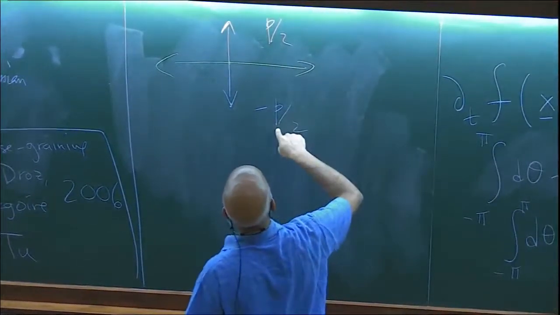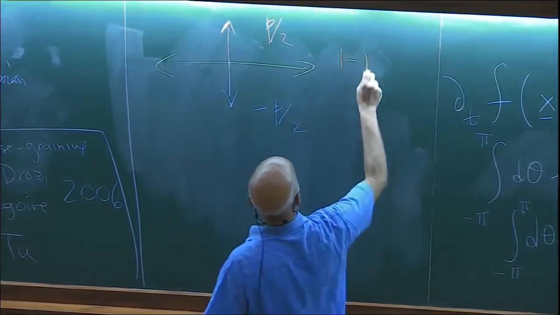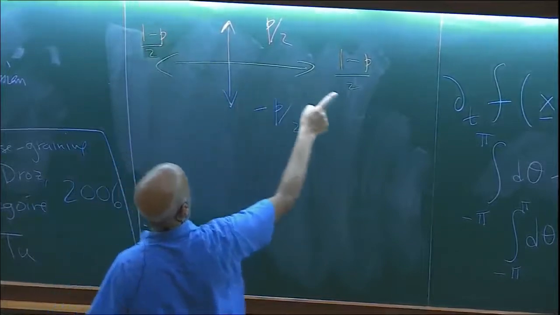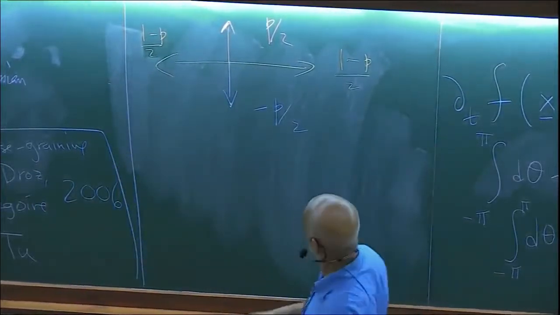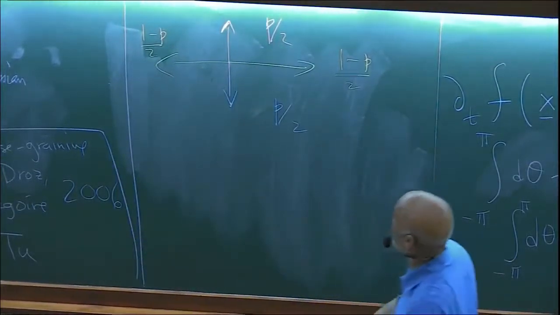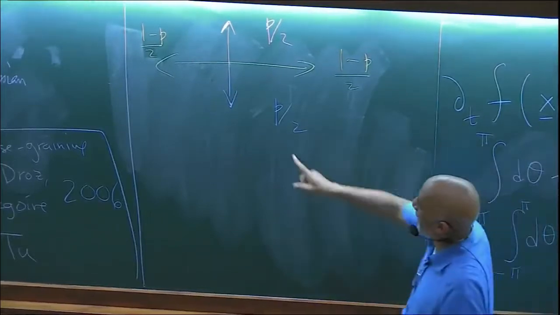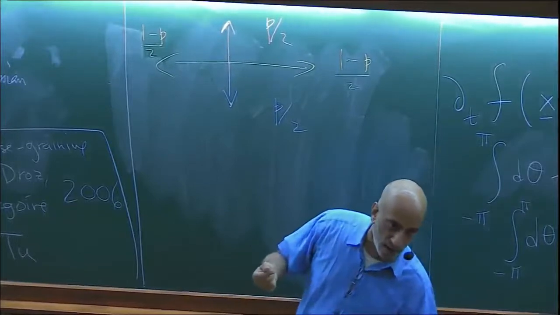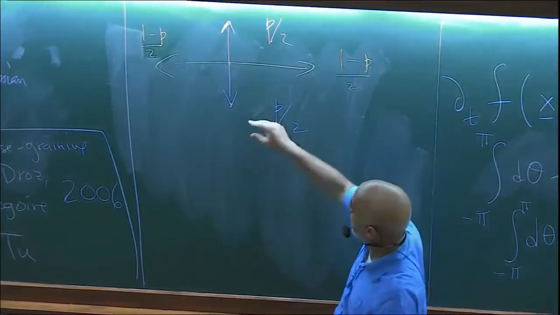That adds up to 1. So I can have a particle that moves along its length with total probability p, transverse to its length with total probability 1 minus p, and I can have it unbiased.